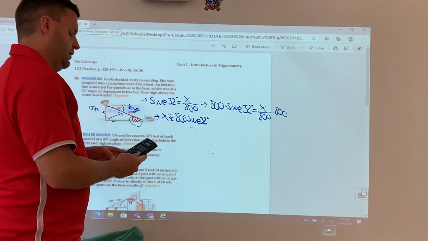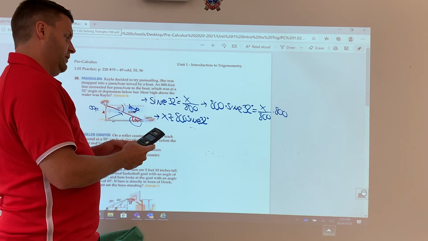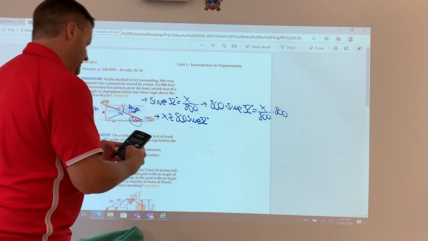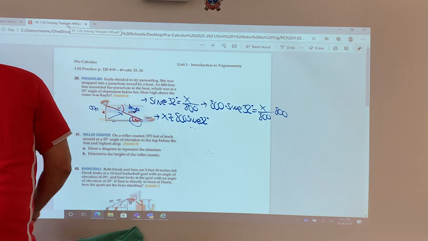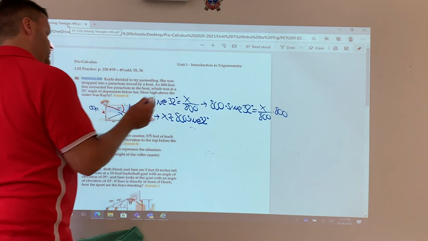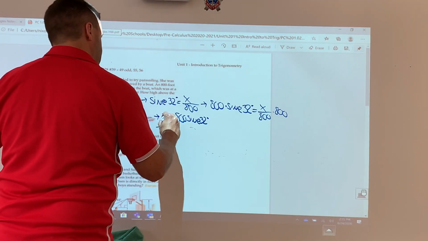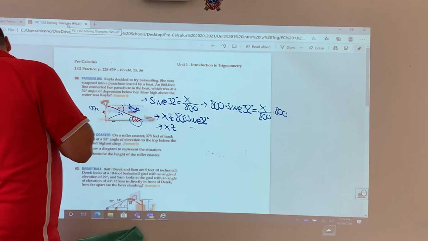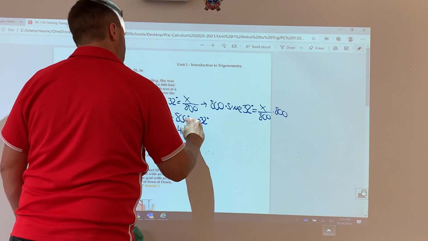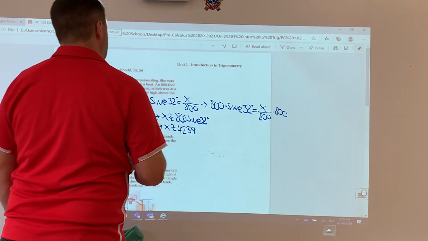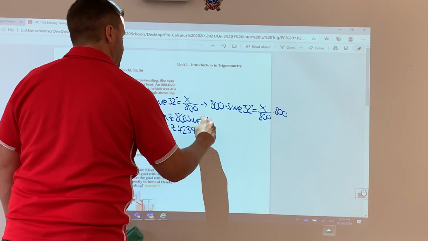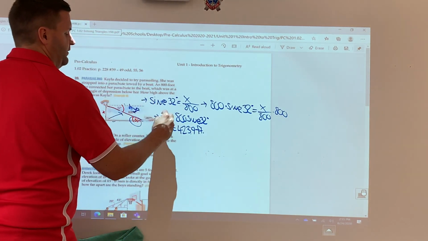Okay, we're just going to plug that in normally. 800 sine button, 32 degrees in the parentheses, and you're left with this. It looks like Kayla is approximately 423.9. And then what are our units? Make sure we have our units correct. Feet above the ground.